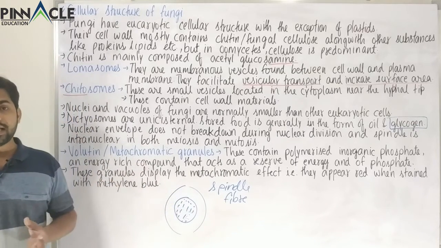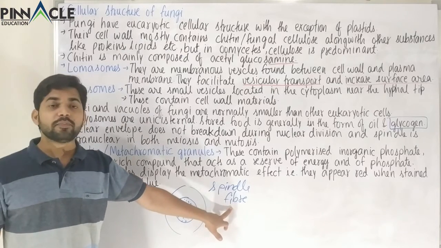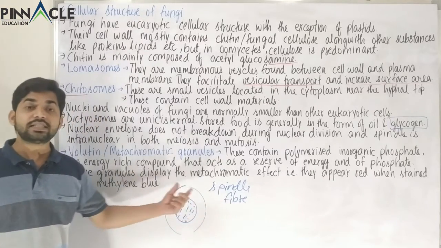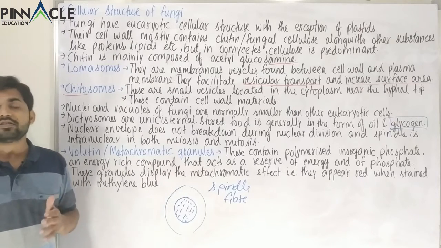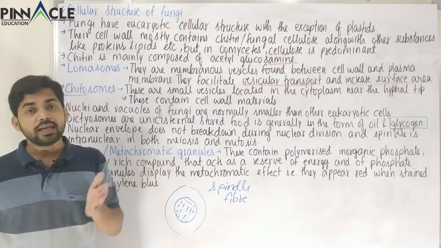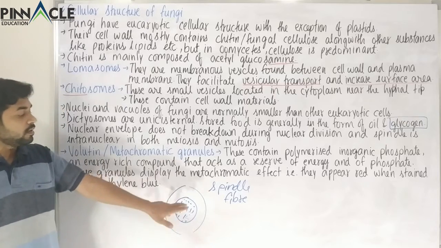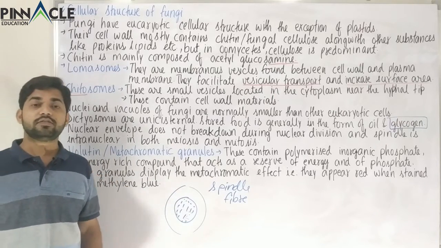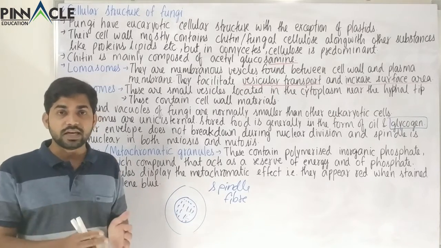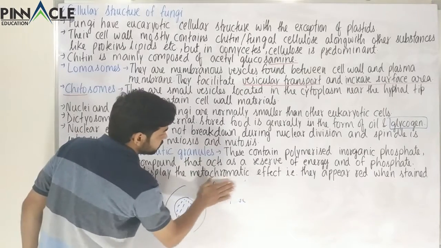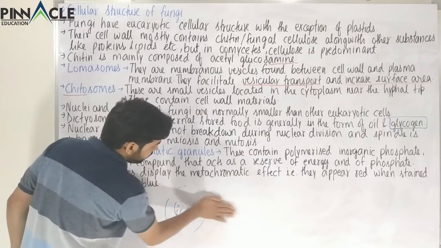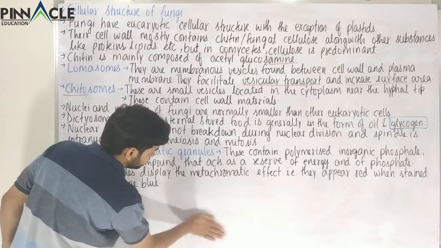That is, the spindle fibers are formed inside the nucleus, not outside the nucleus, unlike in plant cell division or animal cell division. So this is a very important point of difference between the nuclear division of fungi and plant or animal.